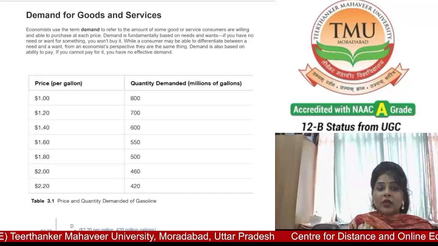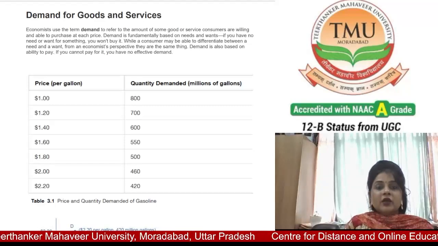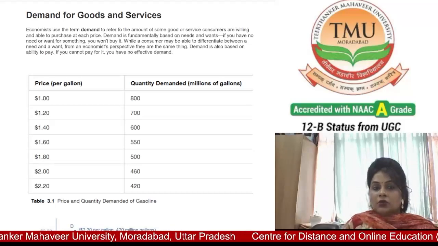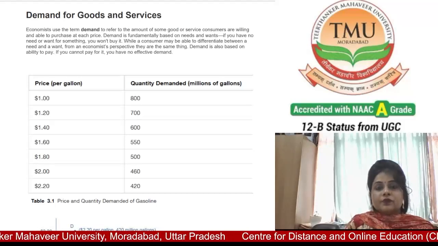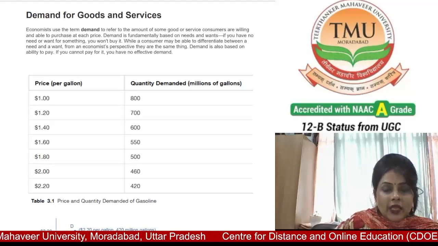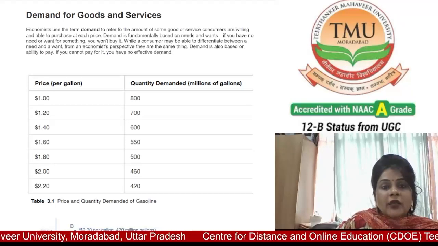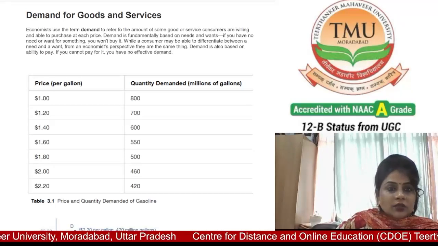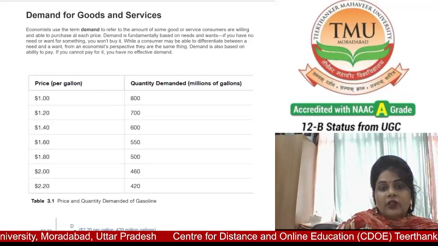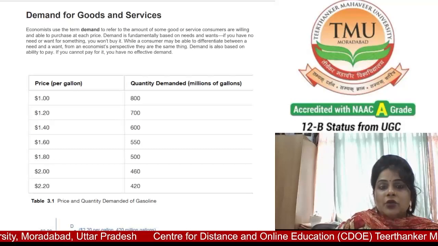The law of demand assumes that all other variables that affect demand, which I have explained before, are held constant. We can show this in the market for gasoline: the table is also shown in the graph. Economists call a table that shows the quantity demanded at each price a demand schedule.